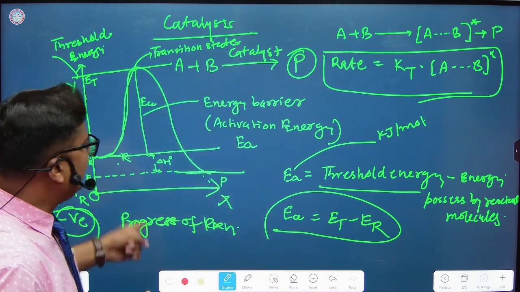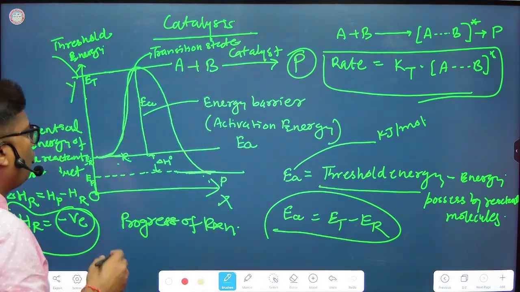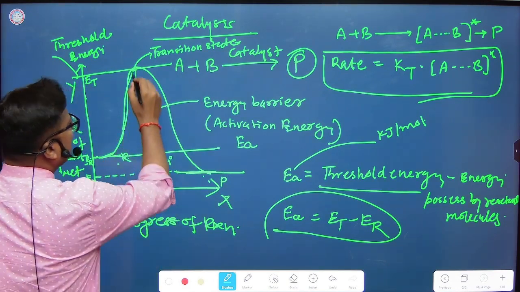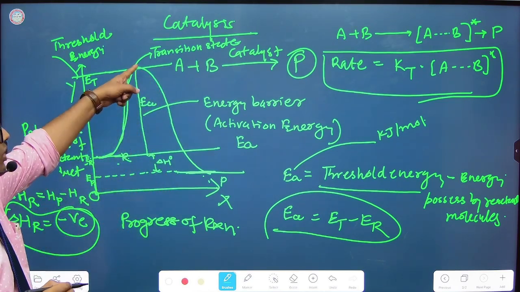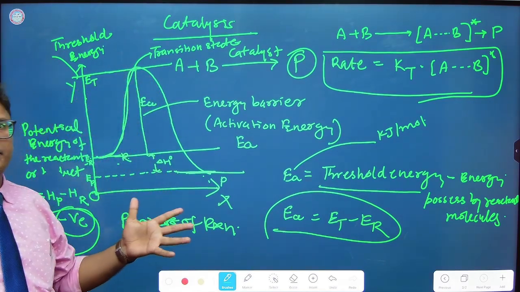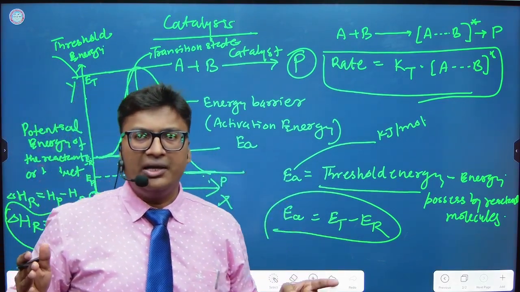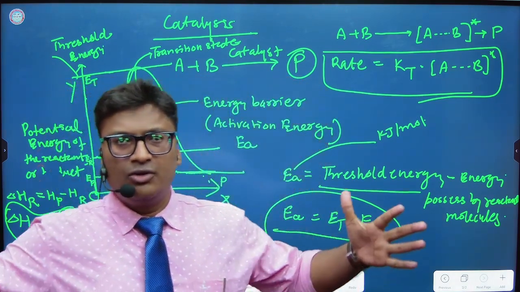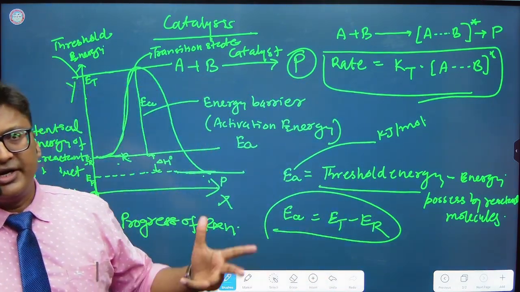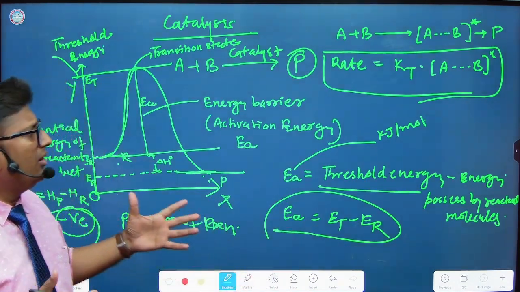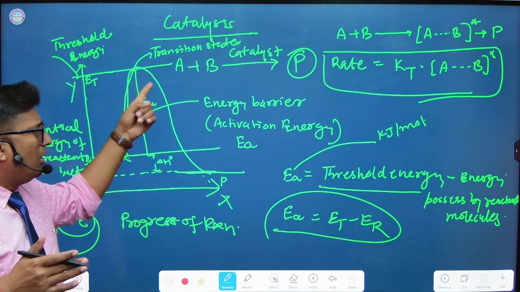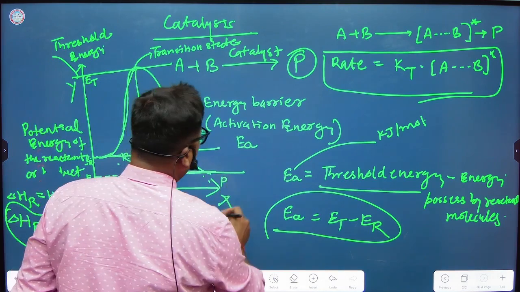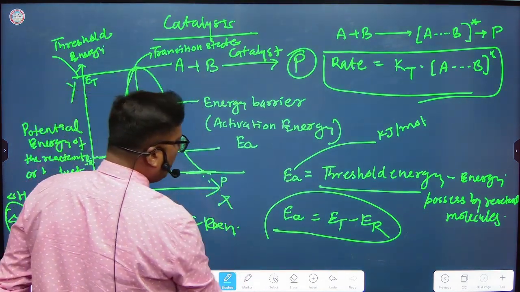It means once the reactant molecule reaches the transition point, and if the energy is sufficient, or if the activation energy is minimum, then they will collide with each other, they will react, and ultimately it will produce this kind of product P. So this is the product.